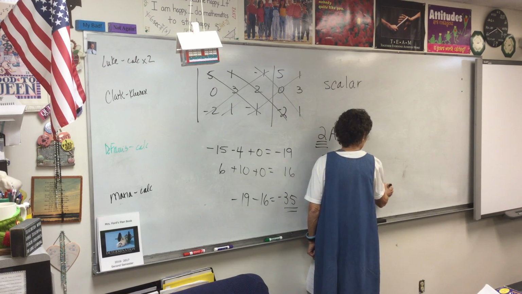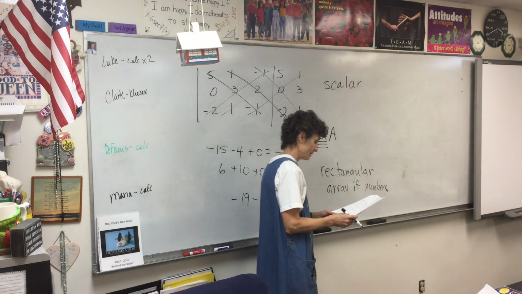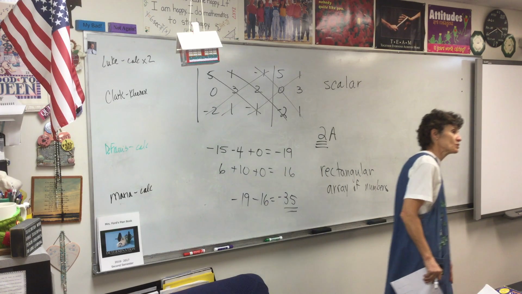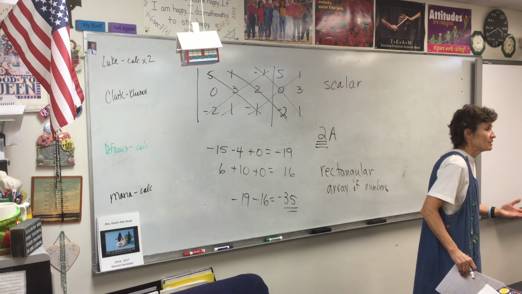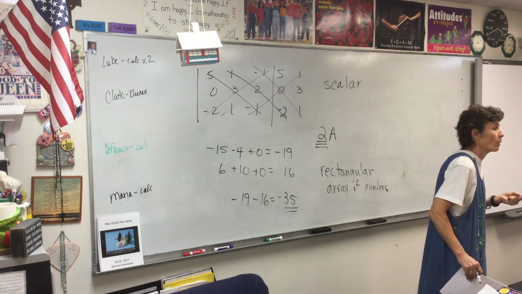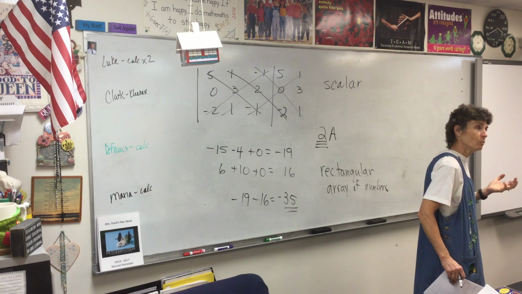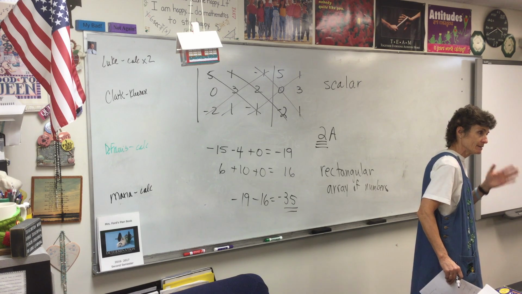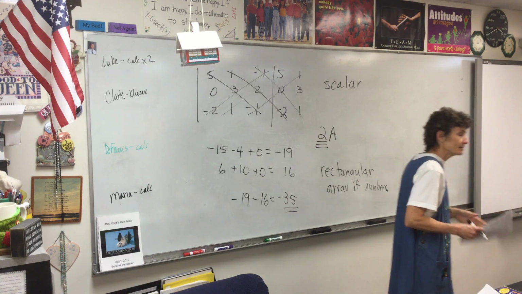Can you say the square matrix one more time? What do you think? In your own words, what do you think it means to be a square matrix? Square array. Well, what does square mean? Same number of rows as columns. Yeah, okay.